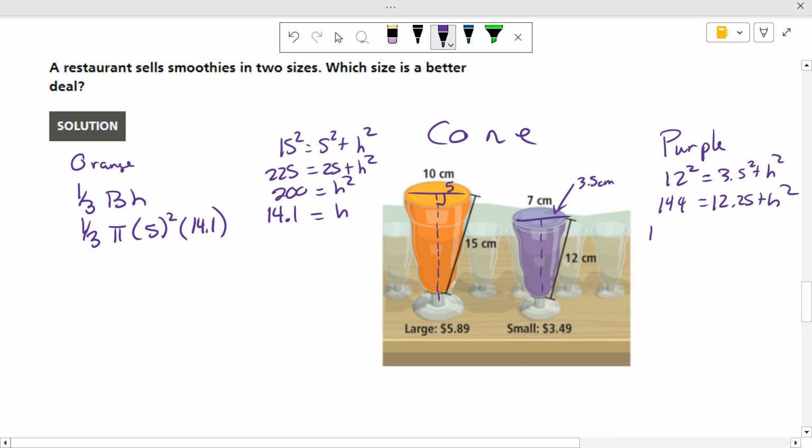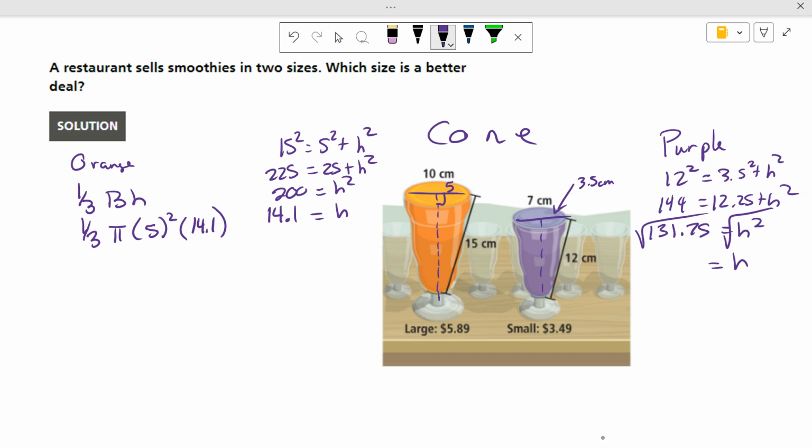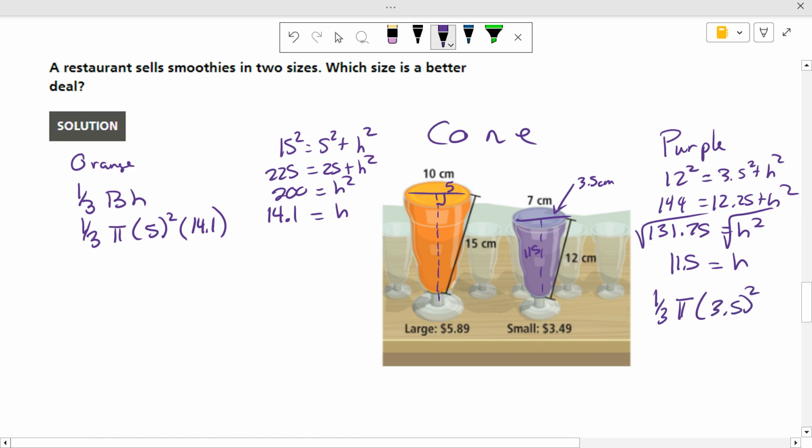If we subtract that from each side, 131.75 equals the height squared. And then take the square root of that. What's the square root of 131.75? It's 11.5-ish. So the purple one, the volume is 1/3 pi r squared, so 3.5 squared times 11.5.